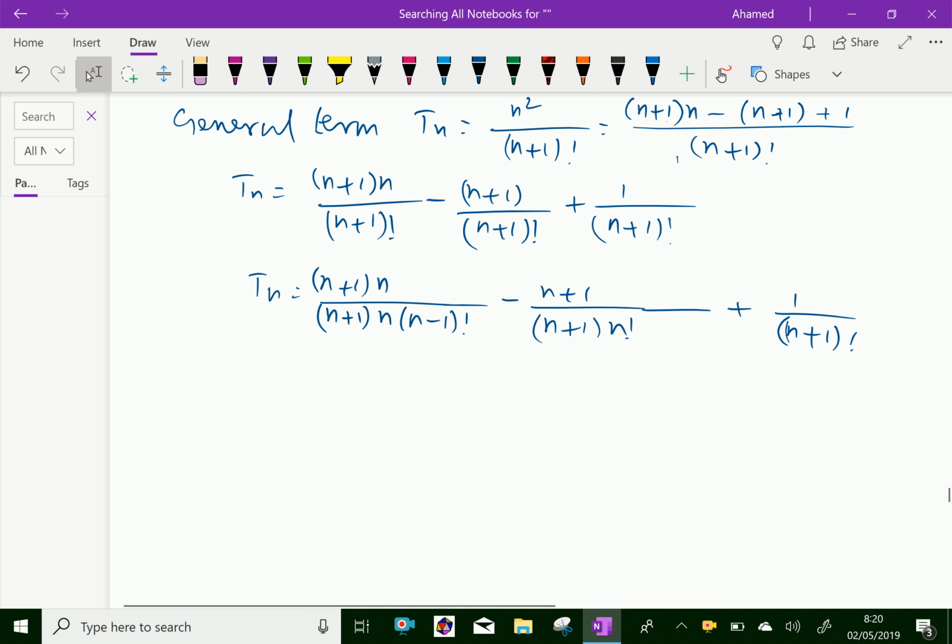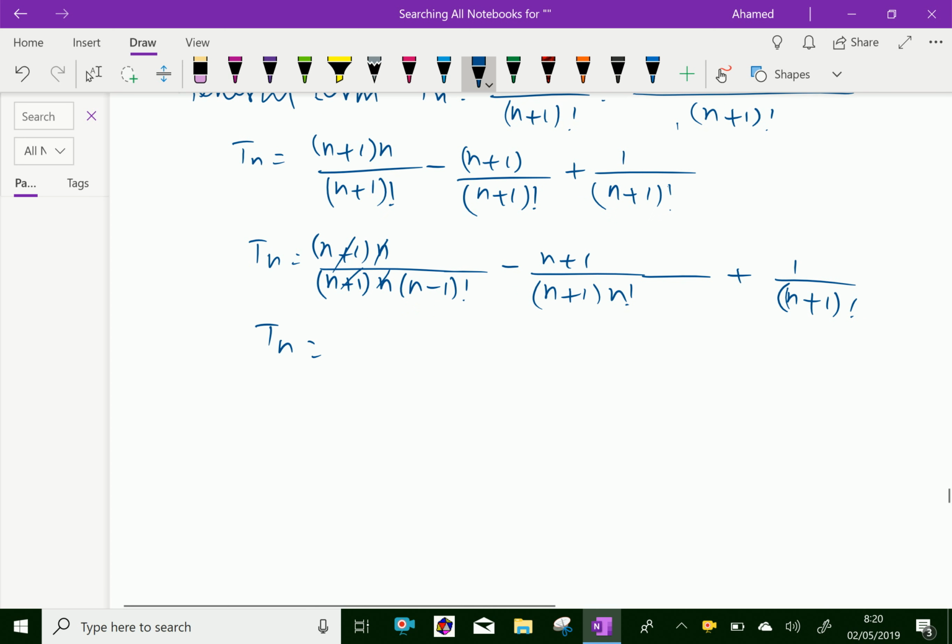Now n cancels, n plus 1 also cancels, therefore tn is 1 over n minus 1 factorial, minus 1 over n factorial, plus 1 over n plus 1 factorial.